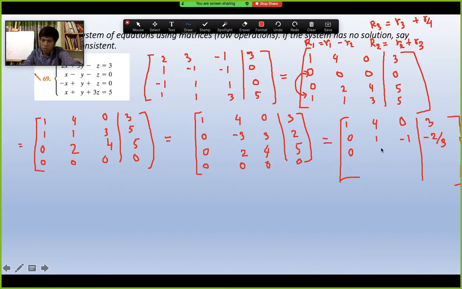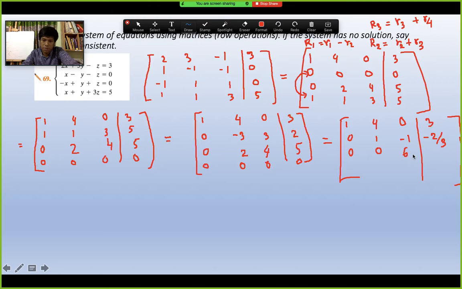To make this 2 into 0, let's multiply this line by 2 and subtract, so this line minus 2 times this line. So 2 minus 2 times this equals 0. Then 4 minus 2 times -1, that means 4 minus -2, which is 6. We are multiplying this line by 2 and then doing the subtraction.